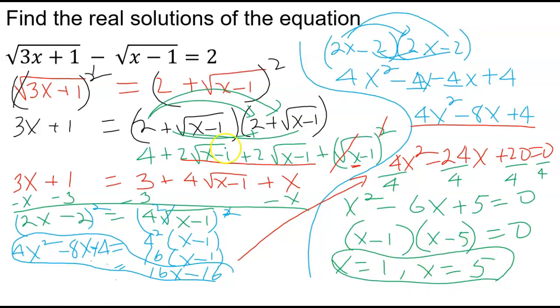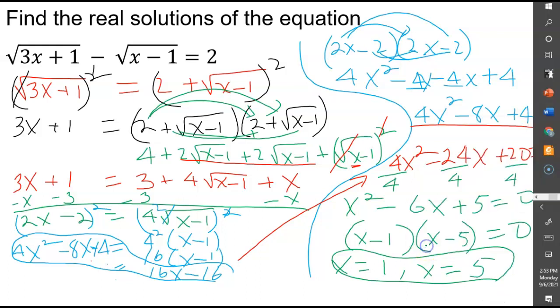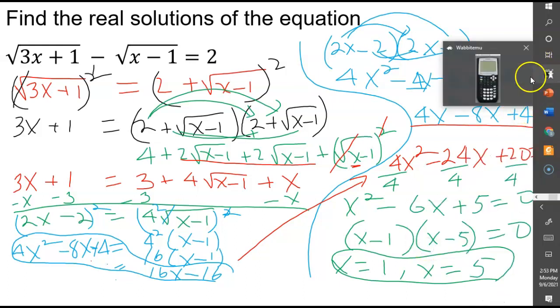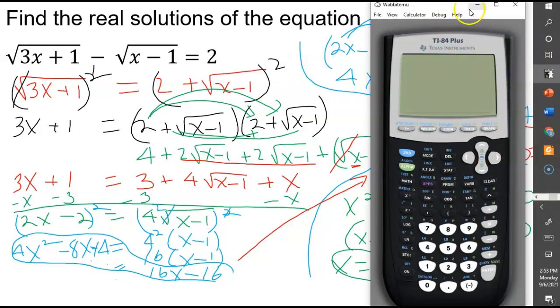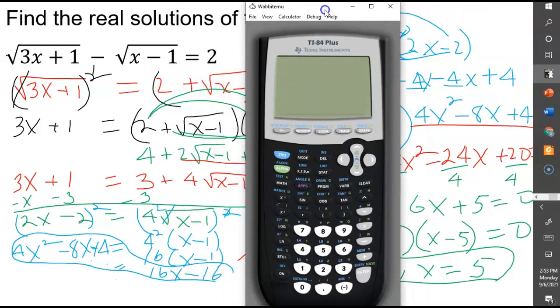Okay, that's it. We can check it, plug it in. Let me get a calculator. Let's check for extraneous solutions. So when x is 5 and x is 1, we simplify here and see if we get one side.